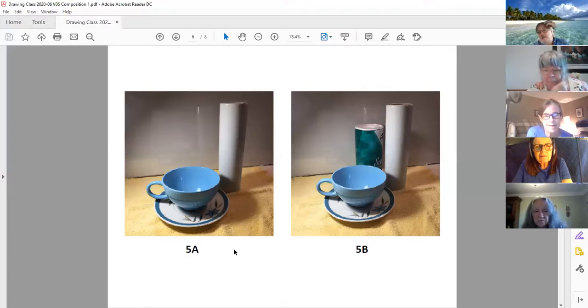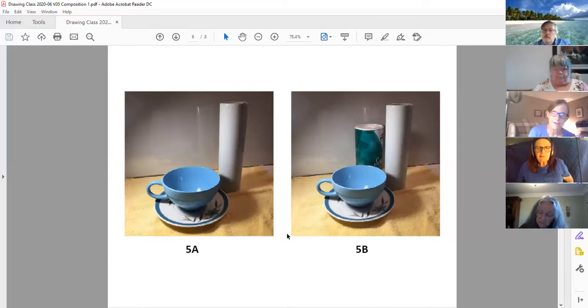I think 5B still takes it because the eye goes on a little journey up 4 different heights. First the saucer, then the cup, then the salt, then the top of the vase. Whereas on the other side, my eye is kind of jumping more, not knowing really where to go.